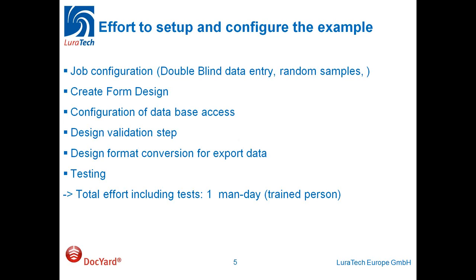What needs to be done is the job configuration inside DocYard. You drag and drop all the modules that you need for this job and connect them in the right way, including the loops for double-blind data entry, and then configure every module, for example double-blind data entry only for 10 trials and then phase it out, and all the other parameters, say 10 or 20 or 40% random samples, whatever it is.